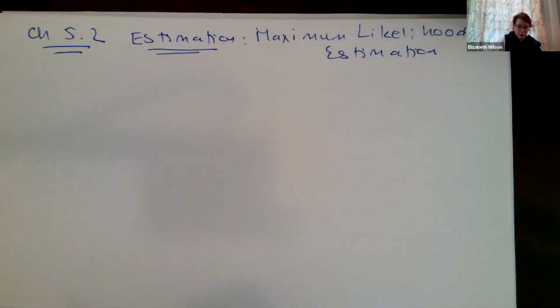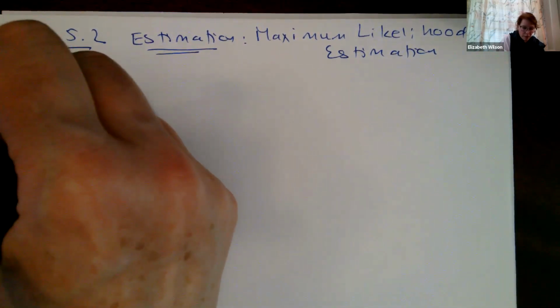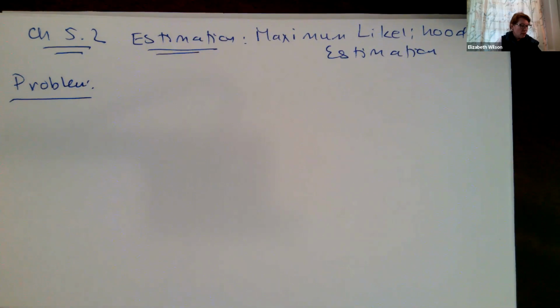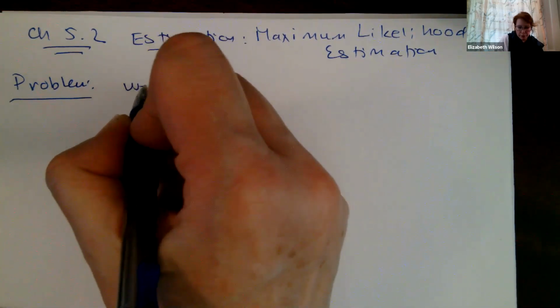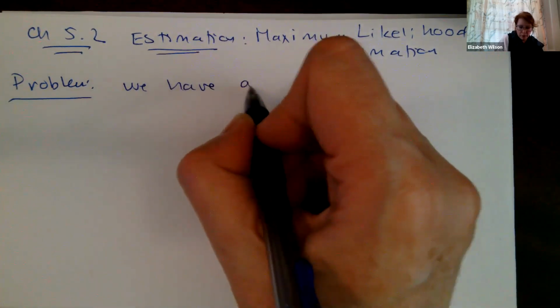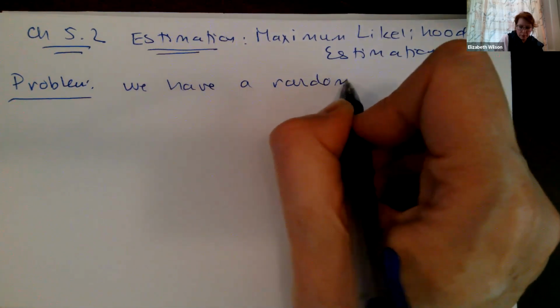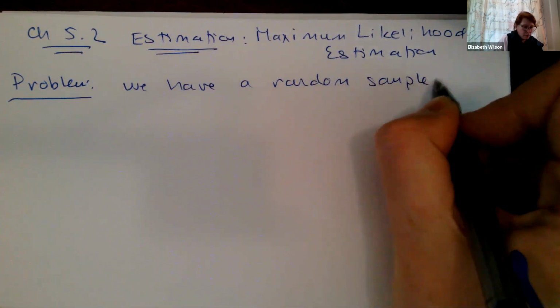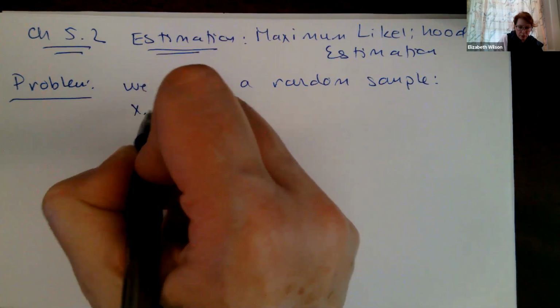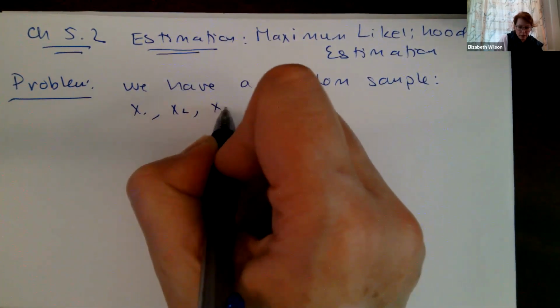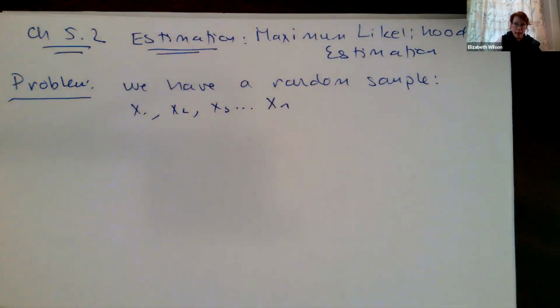Okay, so let's think about why we would do this. The problem that we have is we've got some random sample: x1, x2, x3, all the way up to x sub n. We have random variables, and they have values accordingly.